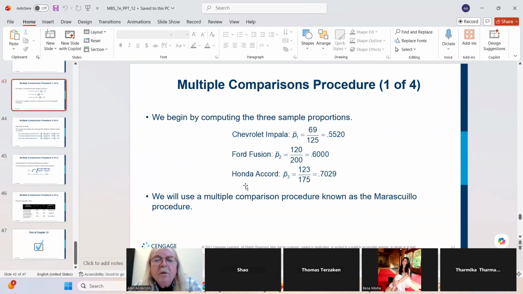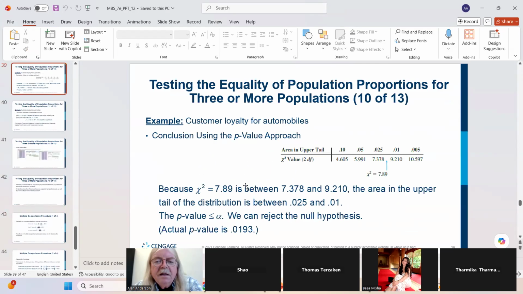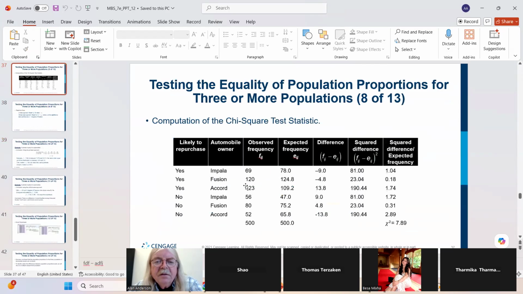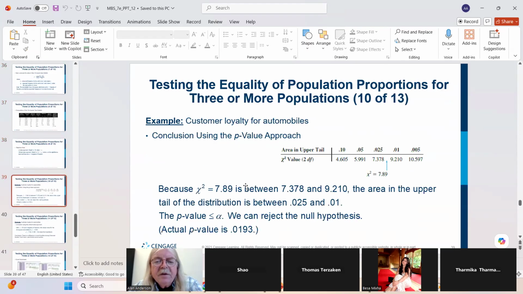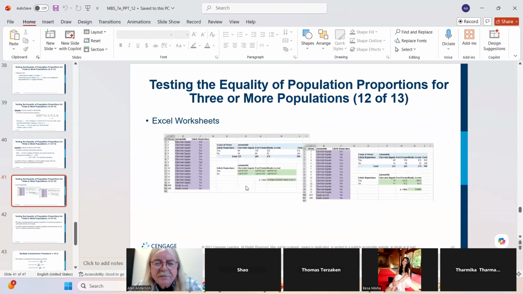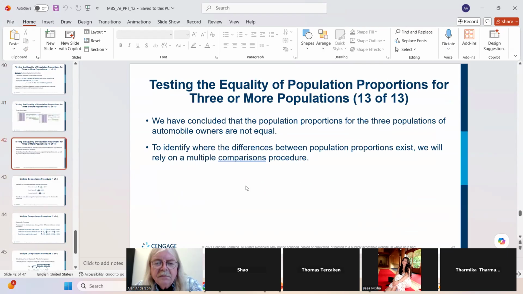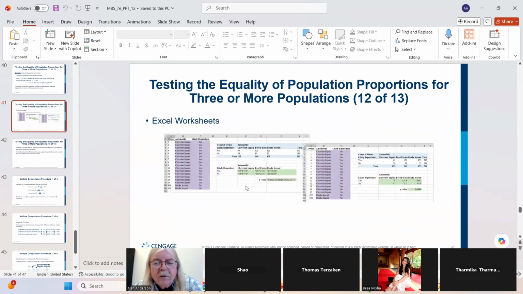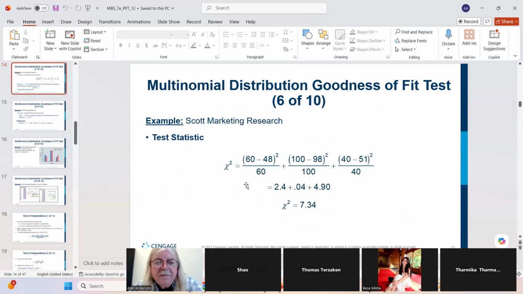Oh no, this one is different. The proportions have their own test statistic. Oh no, I see. No, no, that's right. It's done the normal way, but there's an additional step if you want to know which one is different from the others. Okay, but we're not going to see the F distribution in here.